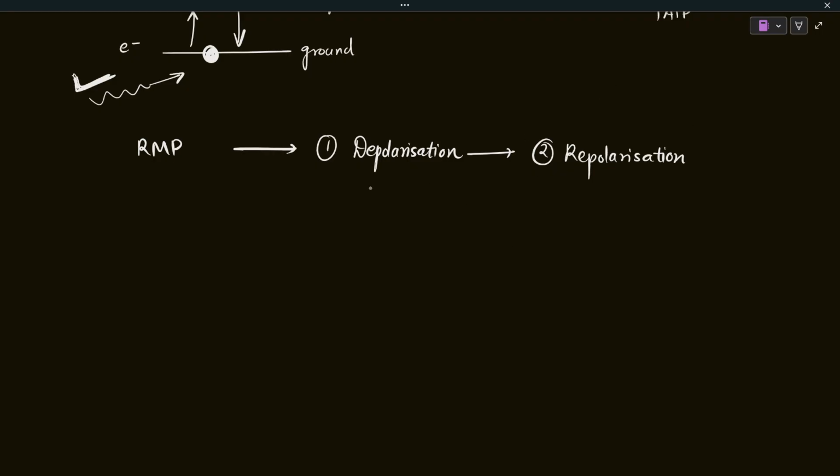In the depolarization, all of the voltage gated sodium ion channels were open, while in the repolarization, voltage gated potassium ion channels open.